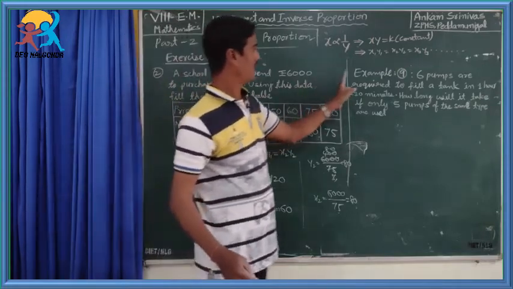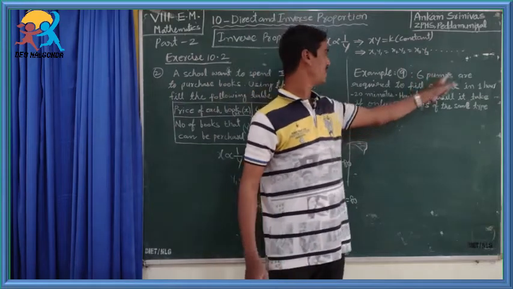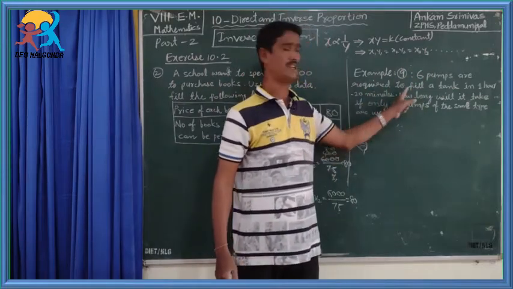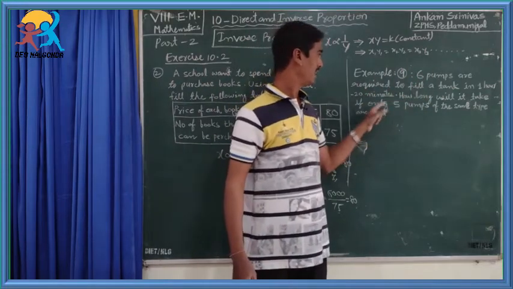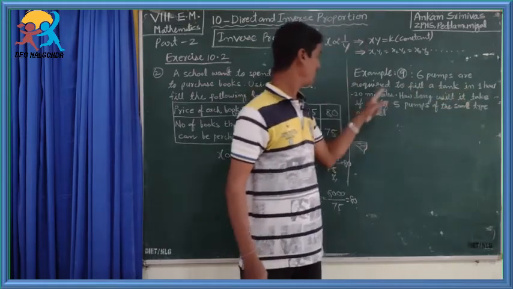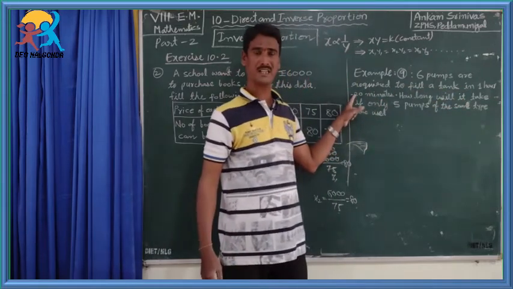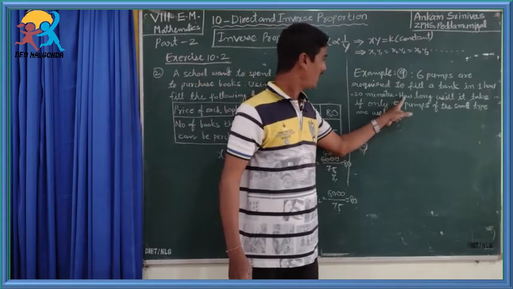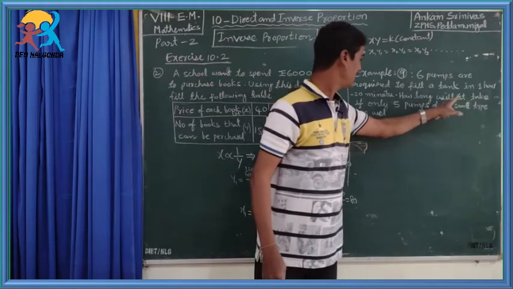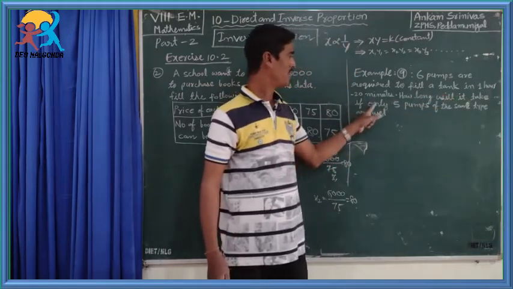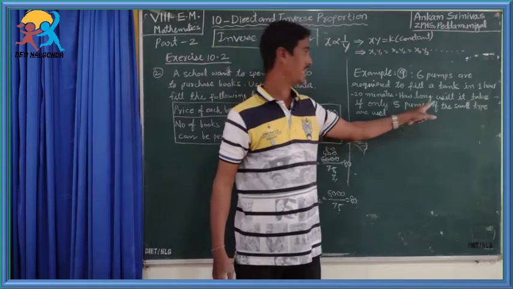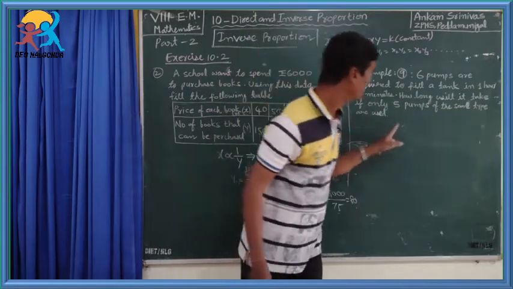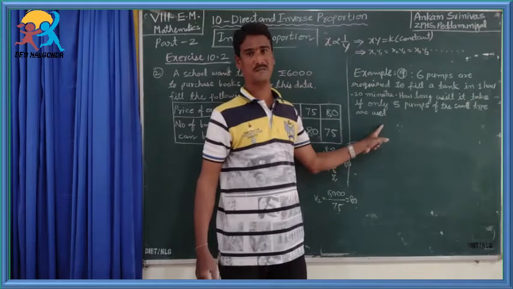And another problem: 6 pumps are required to fill a tank in 1 hour 20 minutes. How long will it take if only 5 pumps of the same type are used?